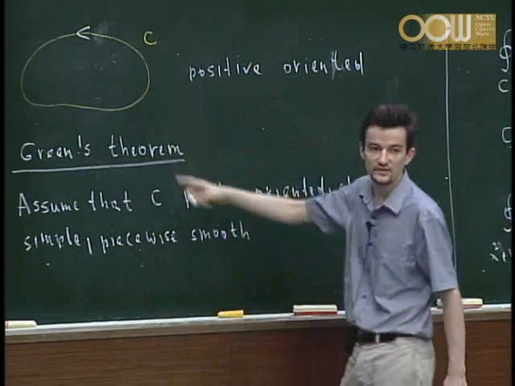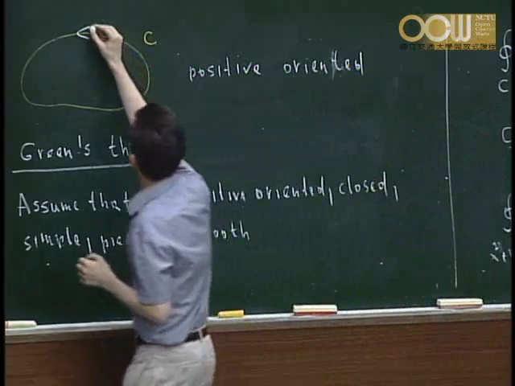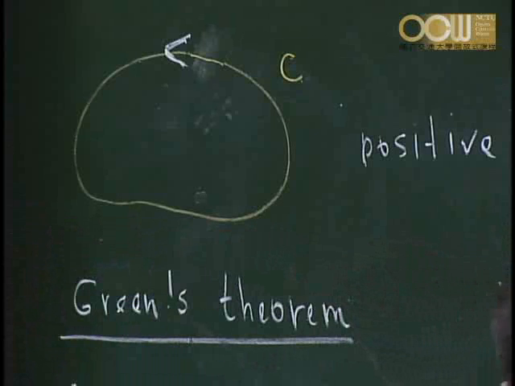Like this here. Here you see this would be positive oriented with this orientation. If I walk just once around, simple, closed, and piecewise smooth.